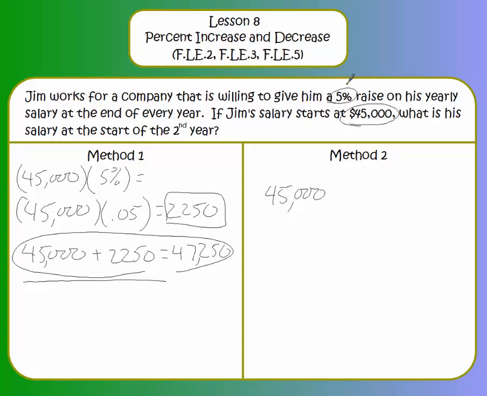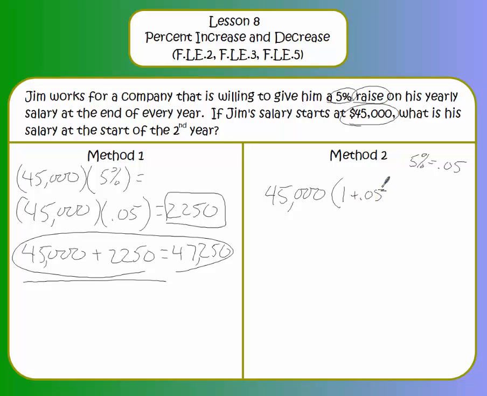And his salary goes up, right? He gets a 5% raise on his salary every year. So it's going up. So first, a little side work: 5% is the same thing as 0.05. Then I add the 1 to it. So I say 1 plus 0.05.